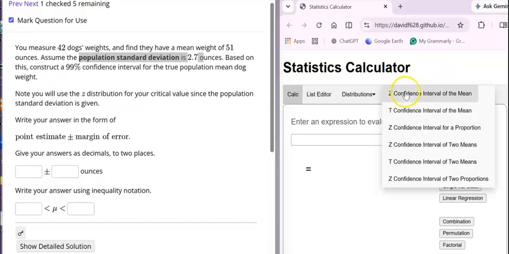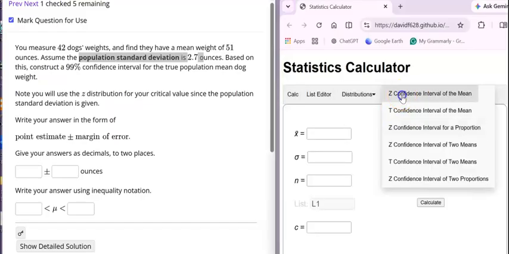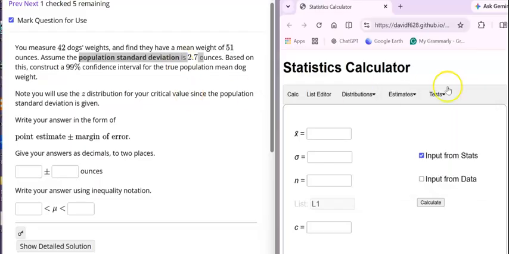Under Estimate you do the mean, estimation of the mean, but use the z confidence interval for the mean. Again, use t if the population standard deviation is not given or the sample standard deviation is given. You have to use the z confidence interval for the mean. Okay, remember this is for the mean.